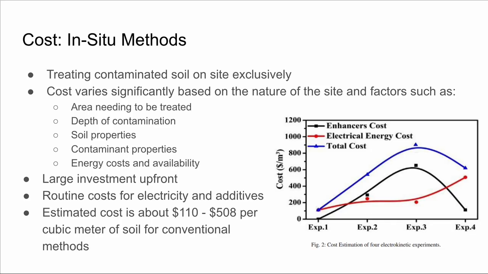And then a final price point is just the cost of energy and your access to energy. If you're going to choose to use energy from a local grid for this, you're pretty much at the mercy of that electric company for how much they want to charge you for electricity.